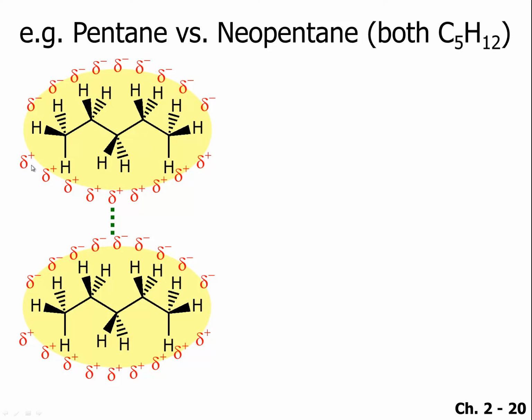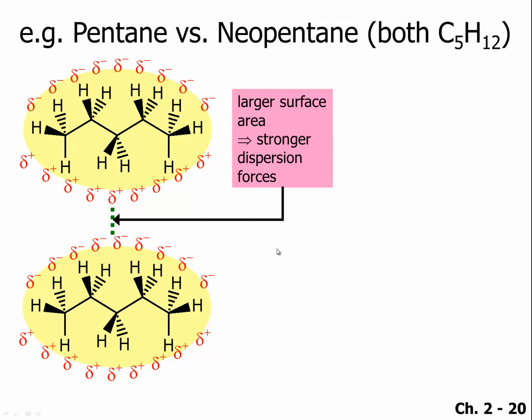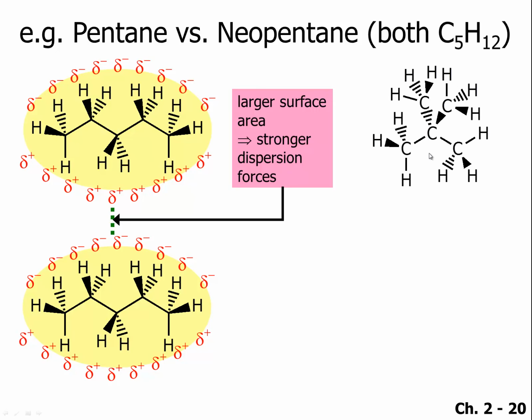So we're going to have maybe a momentary dipole where our electrons get just a little bit off to this side. This leaves a little bit positive on this side. The adjacent one is influenced by that. So you have larger surface area, and of course you'd have larger dispersion forces than if you take those same 5 carbons and attach them all to the same inner one.